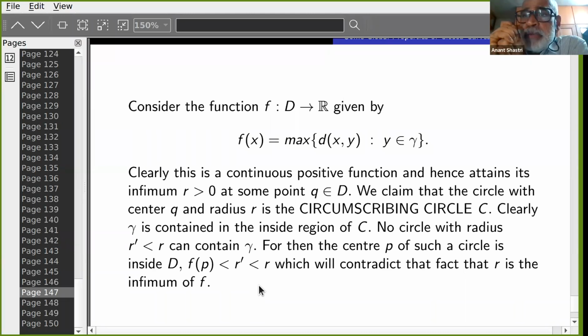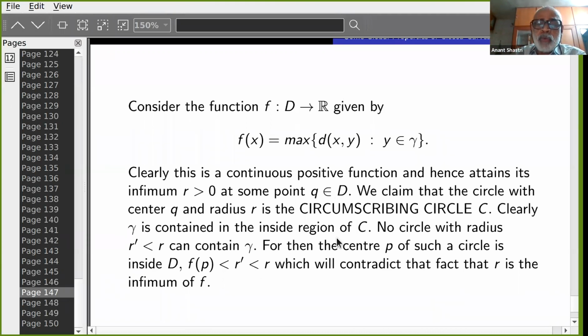The distance between the center and the point is smaller than the radius. That is the claim, right? That will mean that it is contained in the interior. Take a point Y inside gamma.